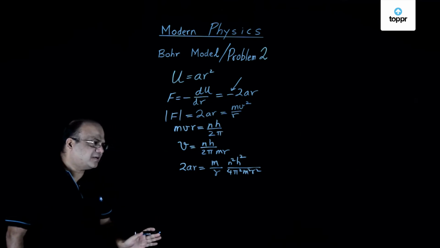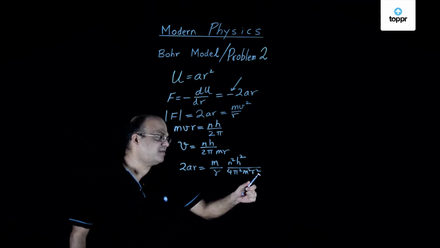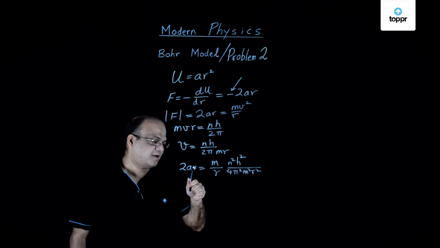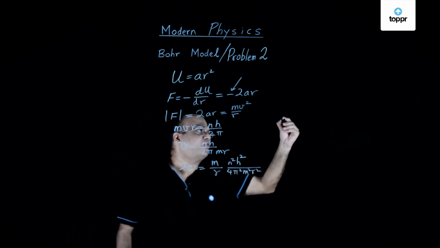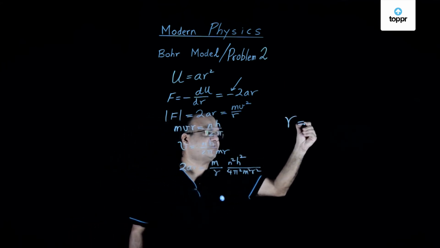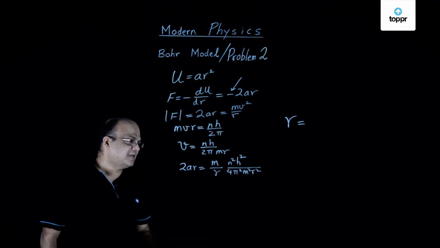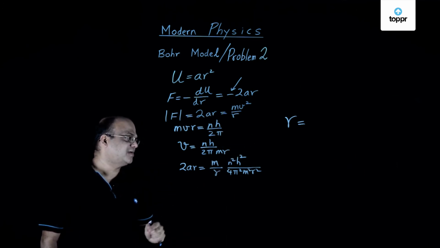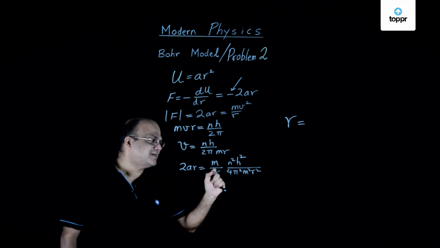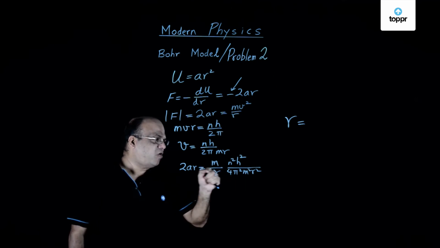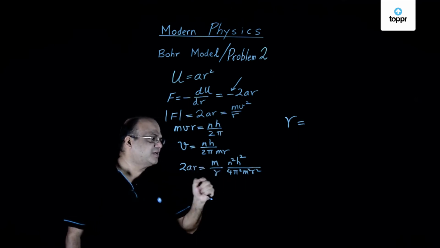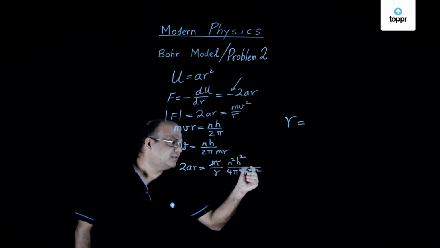So now to find r, you have got r here, r squared. So we will get r to the power 4. So whatever we get, we will take 4th root that side. Now what do you get here? Now we get r, all the r's have come this side. One m will get killed, right?